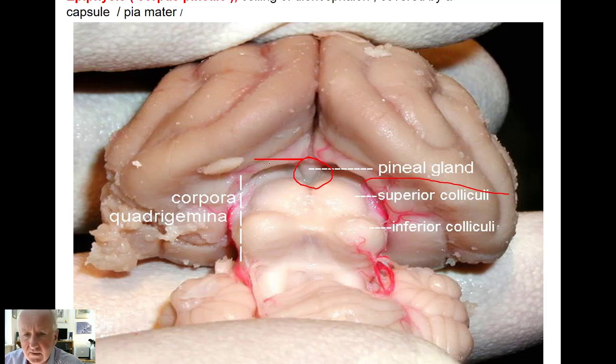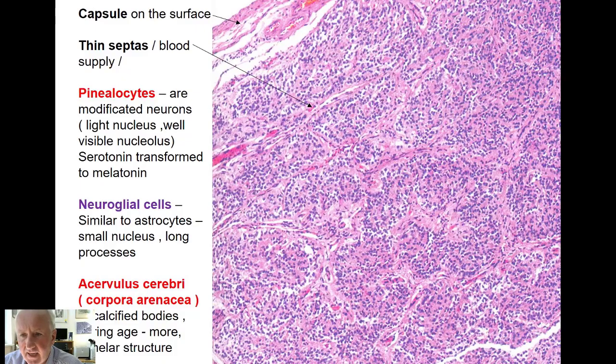So now let's look at the histological structure of this small gland, the epiphysis. Here you see, by hematoxylin eosin, a nice small section through this pineal gland. On the surface you see a capsule of more dense or slightly loose connective tissue, but perfectly blood supplied.